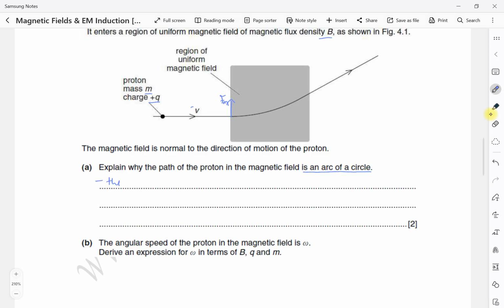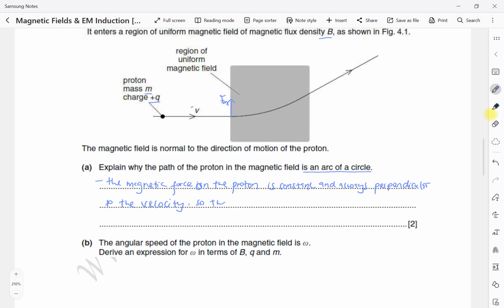So the magnetic force on the proton is constant and always perpendicular to the velocity or direction of motion.